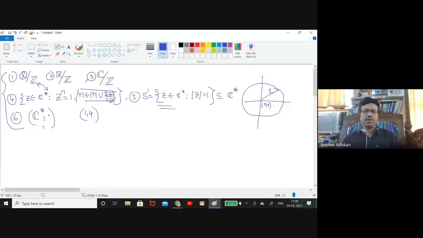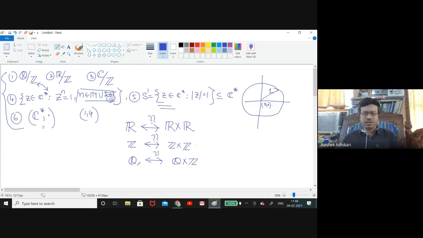For example, for groups, consider say R. Is R isomorphic to R cross R? Are these two groups isomorphic? Or say Z and Z cross Z? Are these groups isomorphic? Or say Q and Q cross Q?